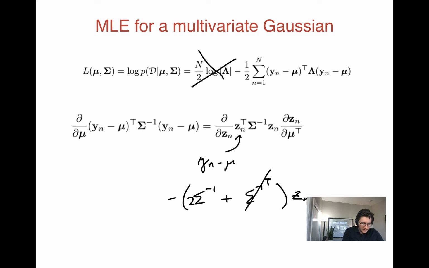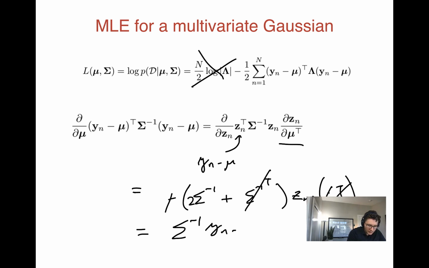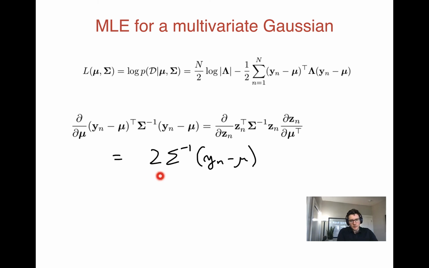And then this thing, its derivative is just negative identity matrix. So this negative sign cancels here. The identity matrix doesn't do anything here. So ultimately, this whole thing equals sigma inverse times z, which is Yn minus mu. I just cleaned up a bit here.